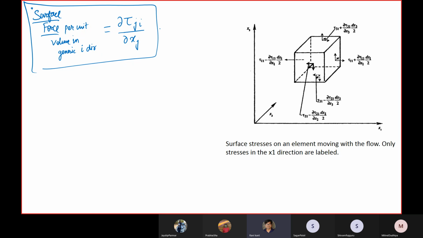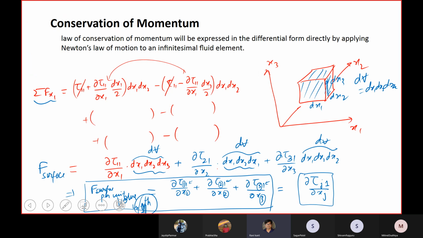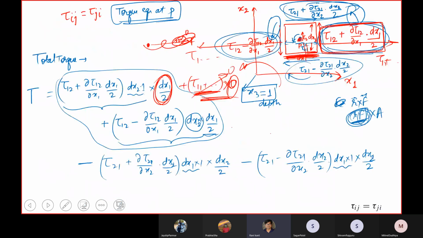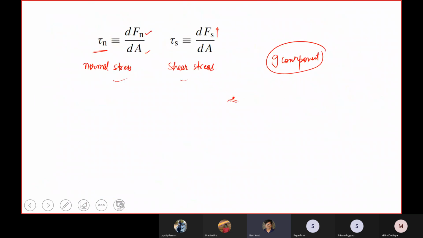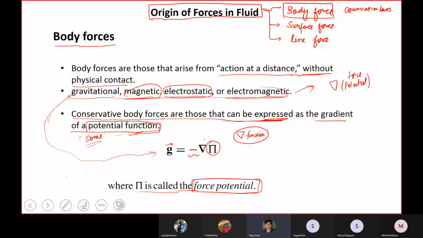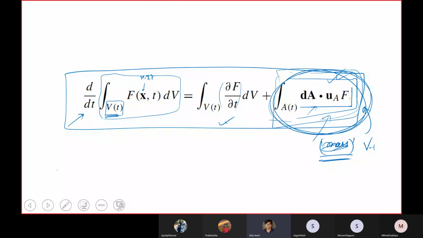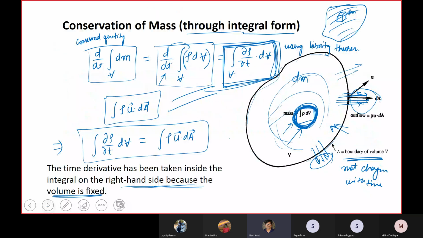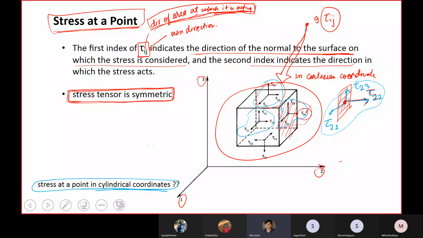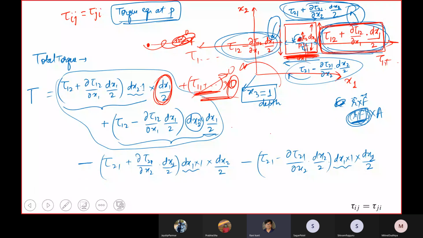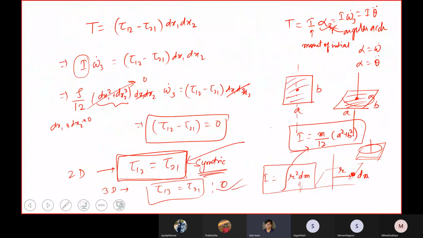Now let me remind you that we already deduced in the last classes that stress tensors were symmetric. We showed this in our 2D element by balancing the total torque, and saw that the stress tensor is symmetric.